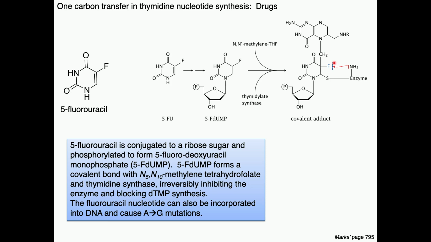The presence of the fluorine atom here prevents the catalysis and essentially locks the enzyme in this position with a covalent bond to the drug. So this is acting as a suicide inhibitor and is permanently knocking out the enzymatic activity of the thymidylate synthase.